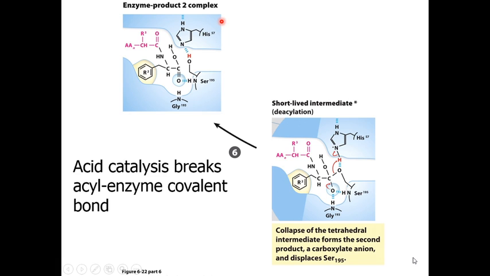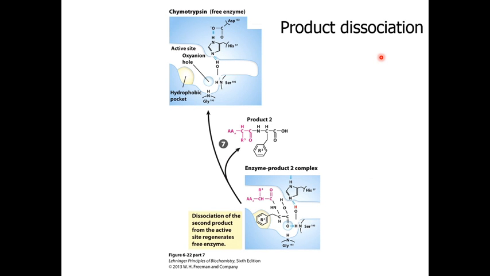The product has not been released yet. Product dissociation or product release is the final step in this chymotrypsin mechanism. Product dissociation results in the active enzyme. So this step regenerates the free enzyme, and this goes back for another round of peptide hydrolysis.